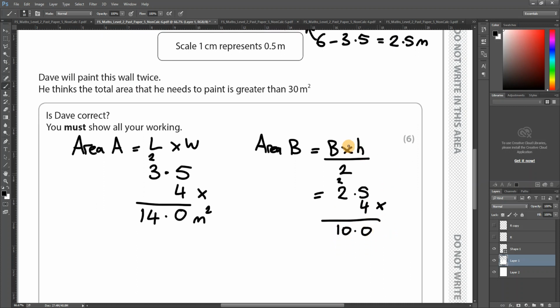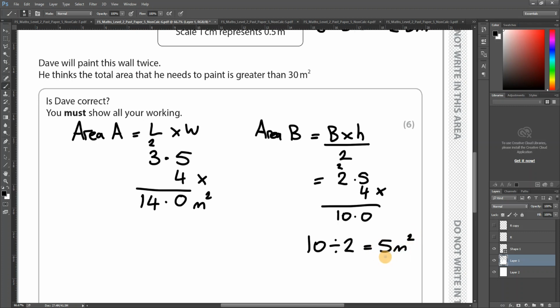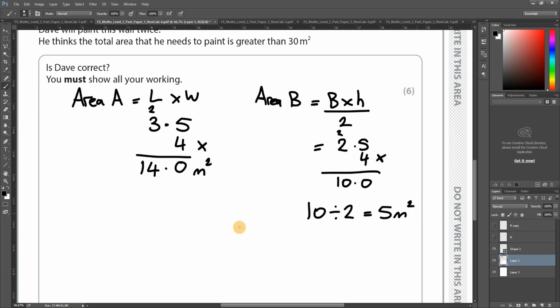Yep, so that's just the base times height done. Now I've got to do base times height divided by 2, so we have to halve it. So 10 divided by 2, that's going to be 5 meters squared. So area B should be 5 meters squared.